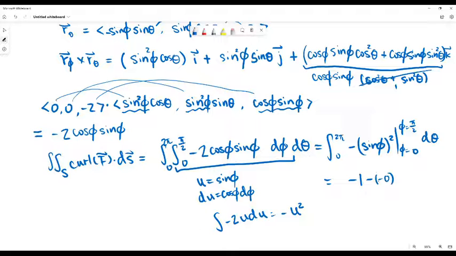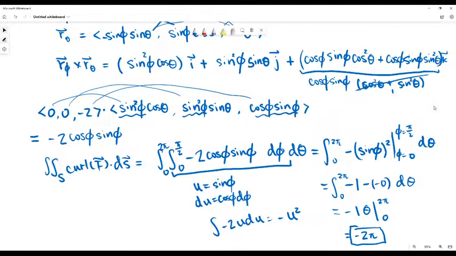So inside, I just have negative 1. And then integrate this with respect to theta from 0 to 2 pi. Again, would give us negative 1 theta, plug in 2 pi, plug in 0, then subtract. Our final answer is negative 2 pi again.